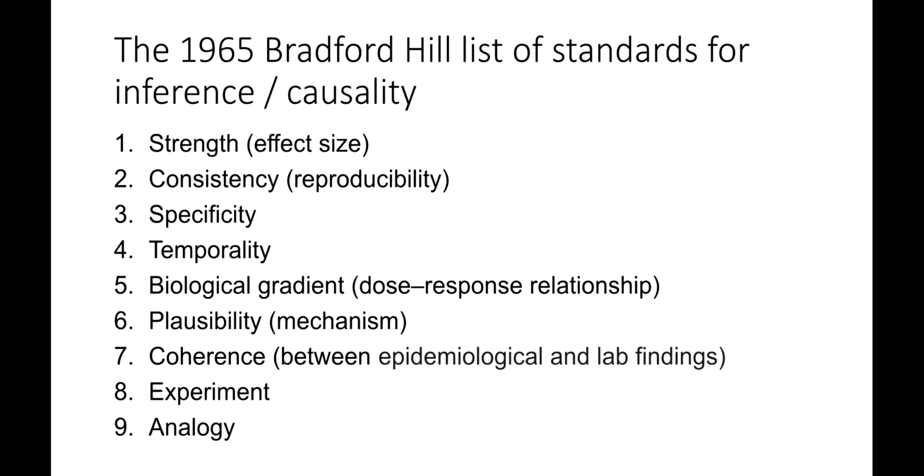The fifth is the biological gradient. Is there a dose-response relationship? In other words, that means if the exposure increases, will the outcome also increase? With the conclusion that you will assume a larger causal effect if there is a dose-response relationship. So if the exposure increases, the outcome also increases.